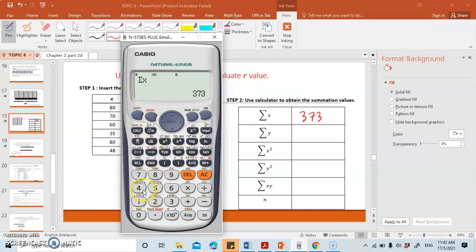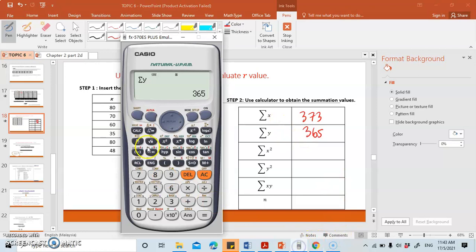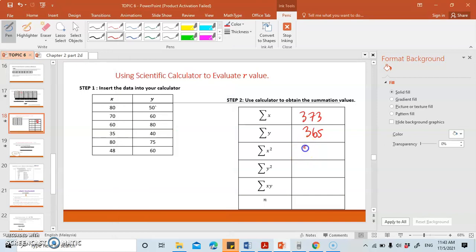Then shift again, number 1, number 3. Next we want the total y, so number 4. Total y is 365. And then we want the total x square, which is number 1. Total x square is 24829.